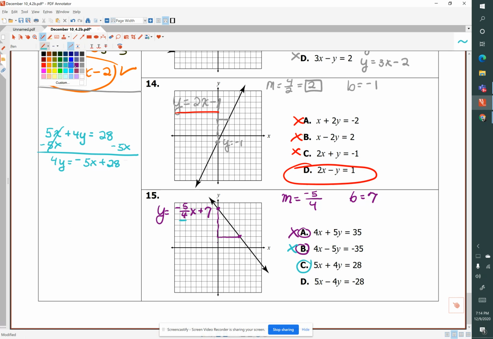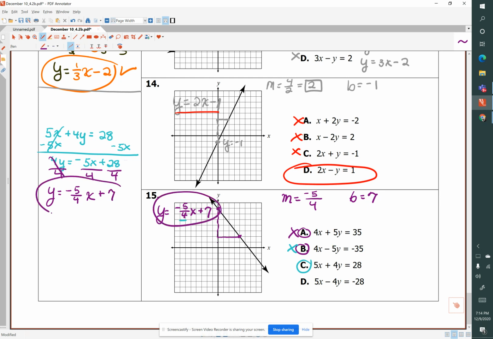Then we'll divide everything by 4. Which will give us y isolated equals negative 5 over 4 x plus 7. And that's what we needed. So C is the correct answer. If we did evaluate D for y, to put it in slope-intercept form, we would have y equals 5/4 x plus 7, and that would be incorrect. So the answer is C.